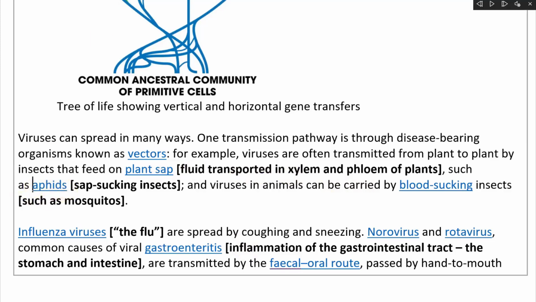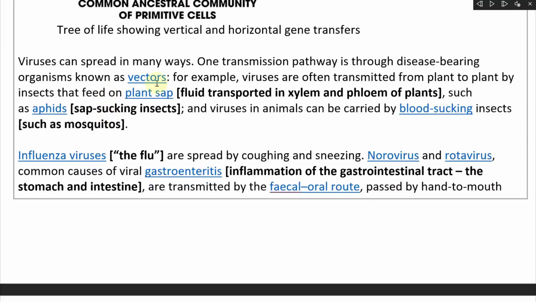See the pronunciation here? Aphids, which are sap-sucking insects. And viruses in animals can be carried by blood-sucking insects, such as mosquitoes. So you have the vectors that act as transporters for the transmission of this so-called virus.